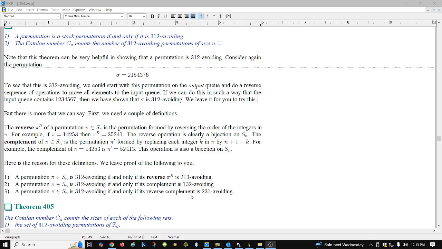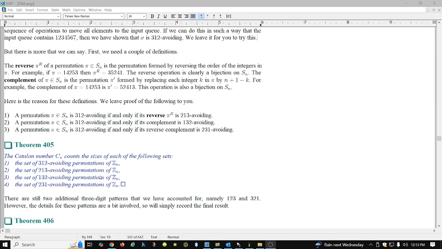So I'm going to let you sort that out if you are interested. But the point is, the bijections imply that the Catalan number Cn counts the sizes of each of the following sets: the 312 avoiding permutations, the 213 avoiding permutations, the 132 avoiding permutations, and the 231 avoiding permutations. So we got a lot more for our money here than just 312 avoiding.